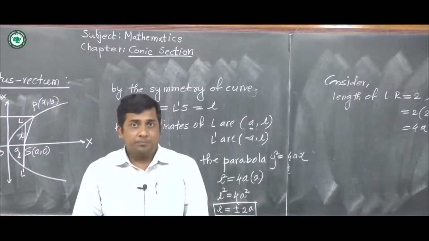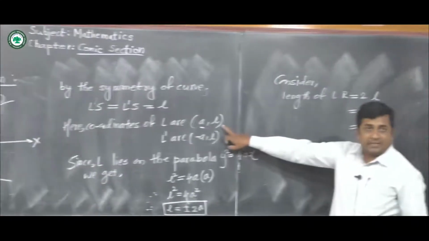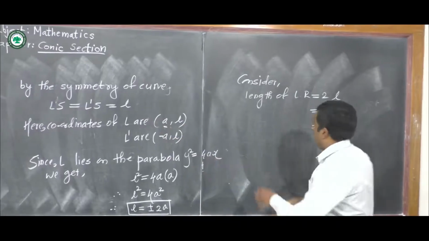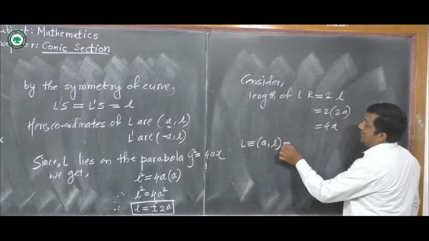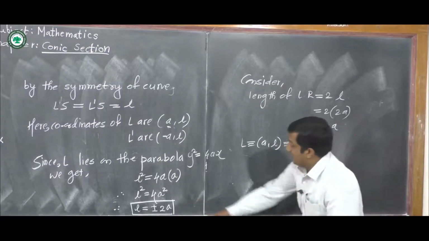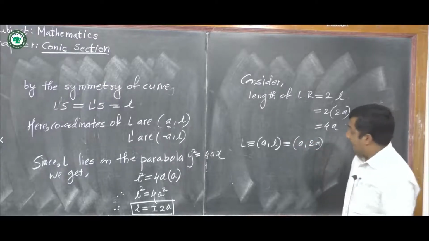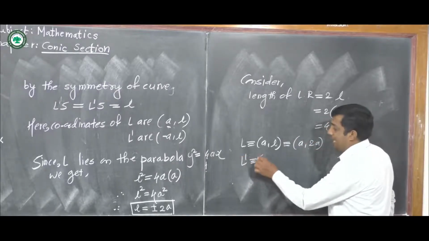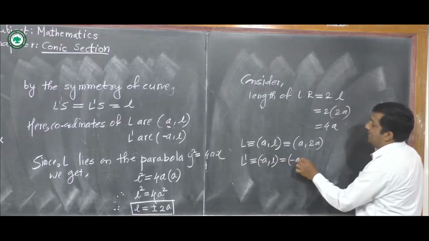Remember this part. Here we also define the end points of the latus rectum. First is L, which is (a, 2a), so (a, 2a) is the first point, and L dash is (a, -2a).